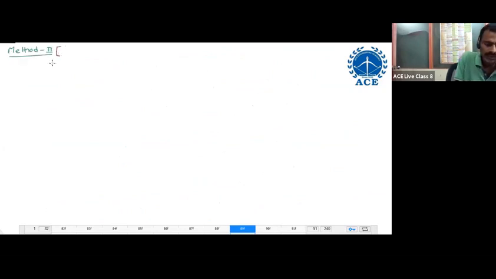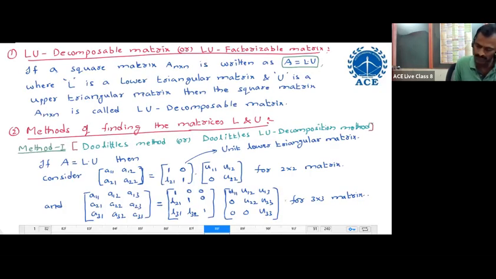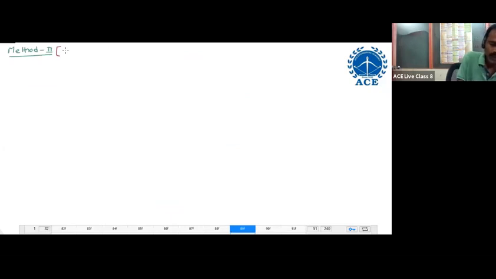The name of the method is Kraut's method, or Kraut's LU decomposition method.